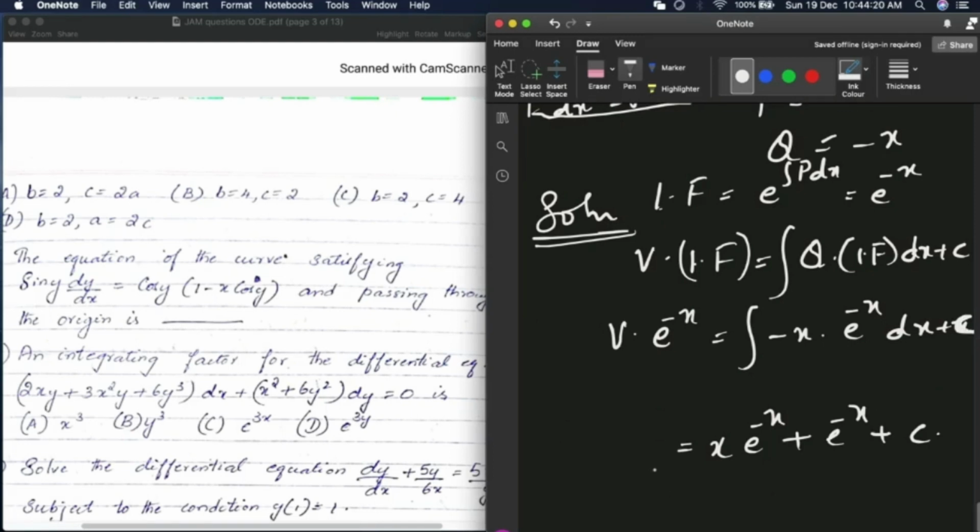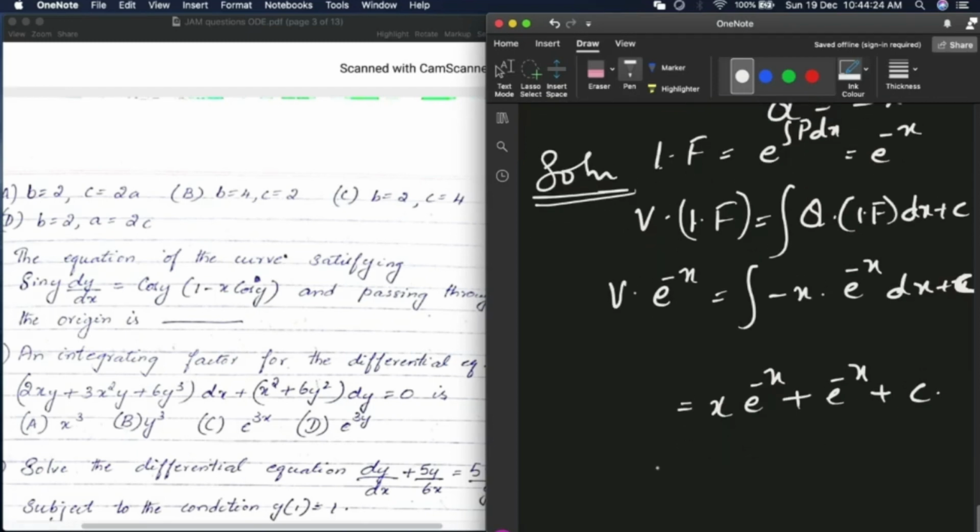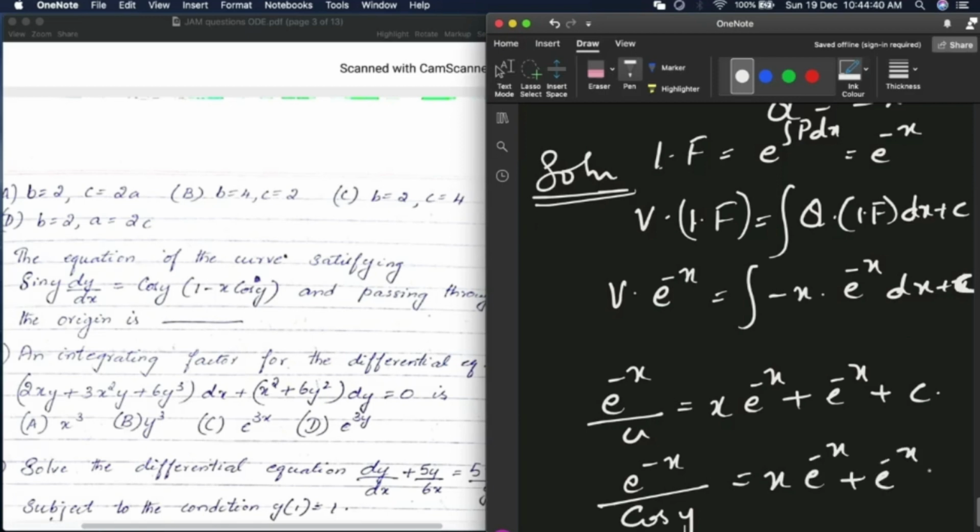Now you have to go back to v. v is 1 by u, and u is cos y. So it is e raised to minus x divided by cos y is equal to x e raised to minus x plus e raised to minus x plus c.